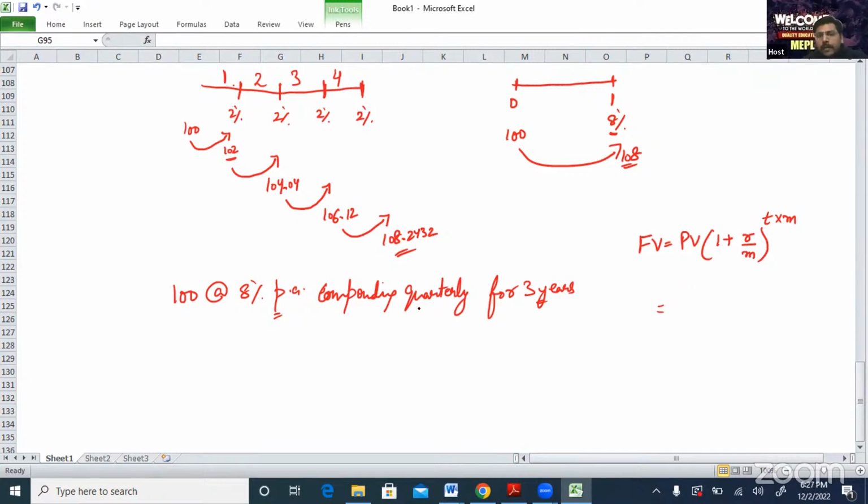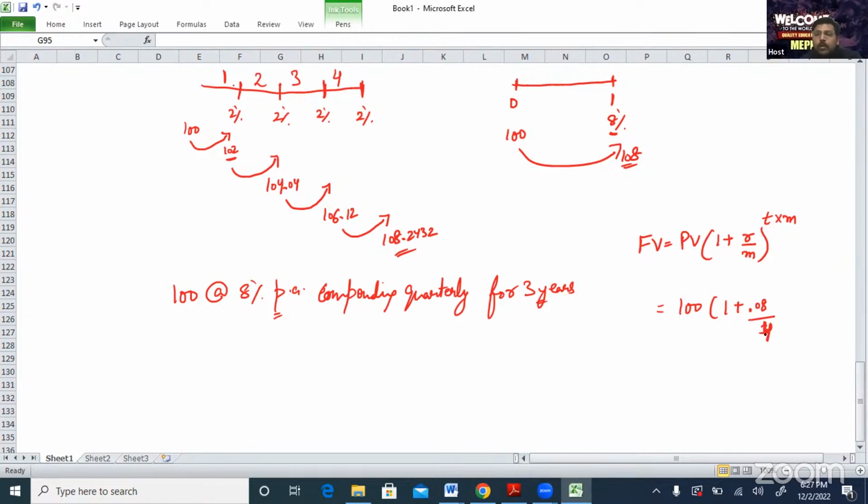So if I rewrite this equation, it becomes 100 into 1 plus R, where R is 8%. M is 4, because compounding is done on a quarterly basis. If it were semi-annual, it would be divided by 2, and if bi-monthly, divided by 6.